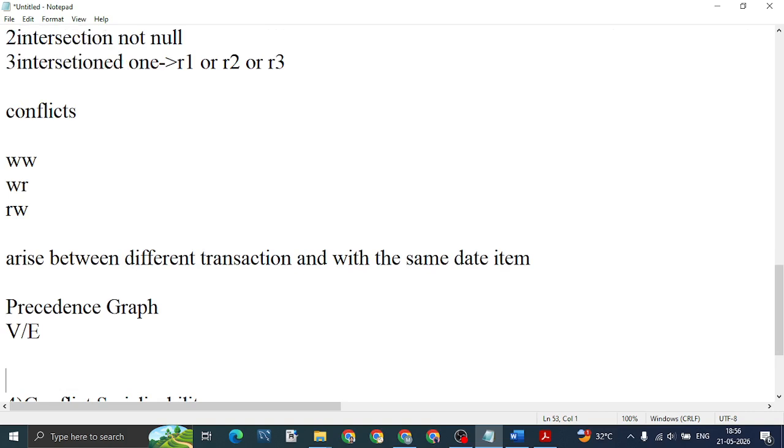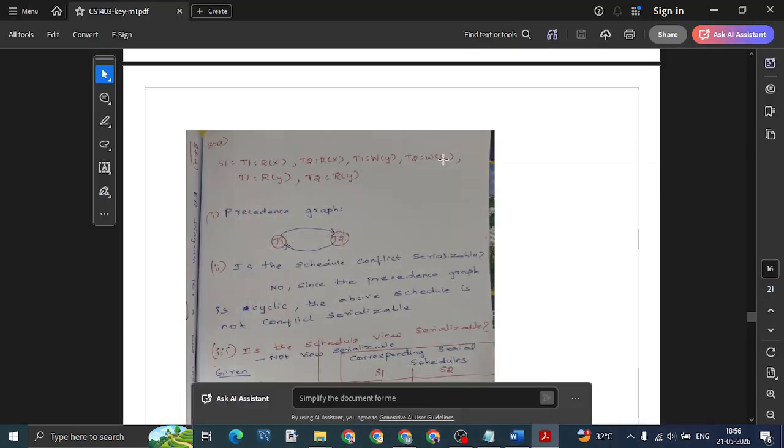In the precedence graph, you make an edge from one vertex to another if there is a conflict between the two transactions. So the number of vertices represents the number of transactions, and the edges represent the conflicts between the transactions. So look at this.